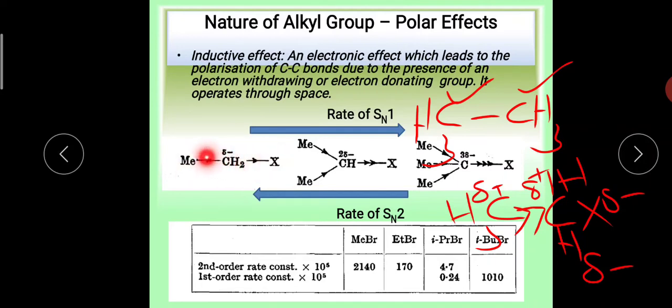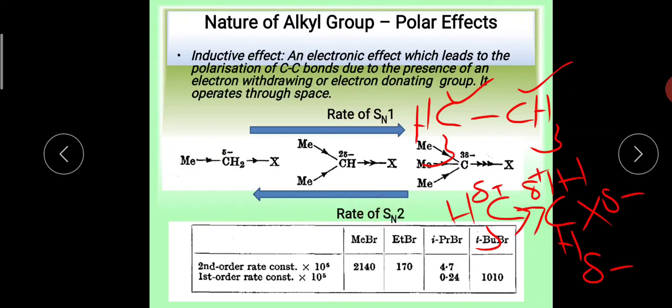And this polarization of your CC bond due to the presence of either an electron withdrawing group or an electron donating group is called the inductive effect. Okay, so now let's see what effect it has on the rate of either your SN1 reaction or your SN2 reaction.